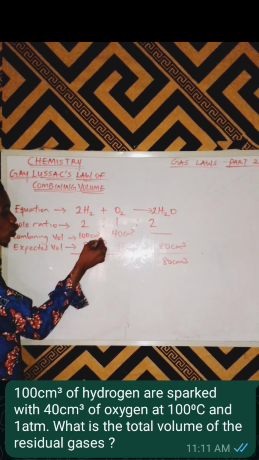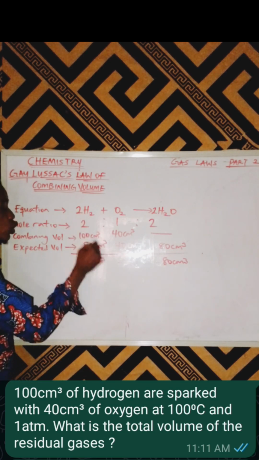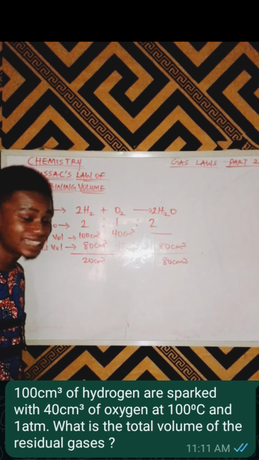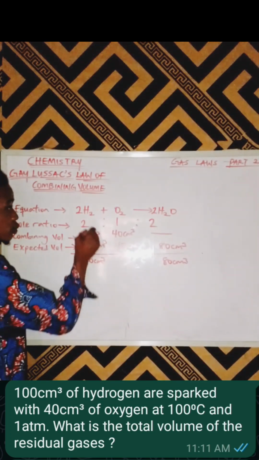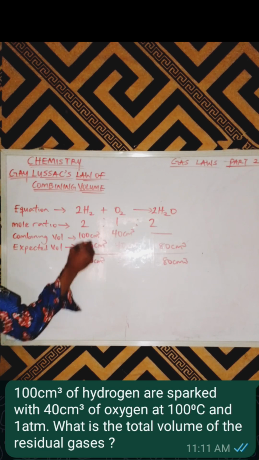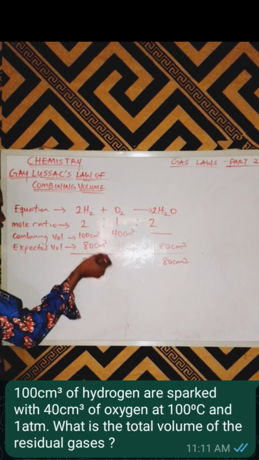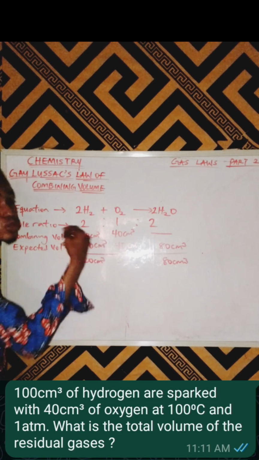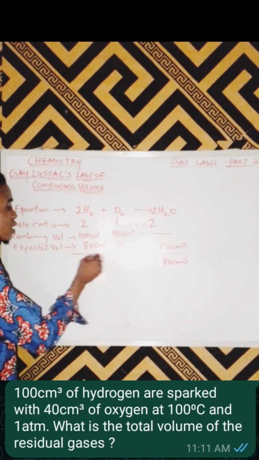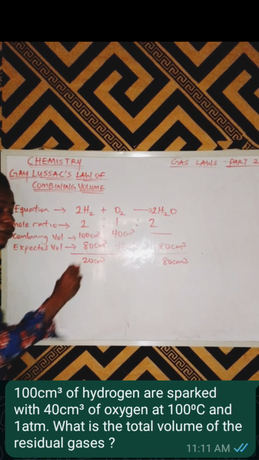You know that out of 100 cm³ of hydrogen, only 80 cm³ reacted in the reaction. Out of 100 cm³ of hydrogen, only 80 cm³ took part in the reaction, and then 20 was not reacted, was unreacted.